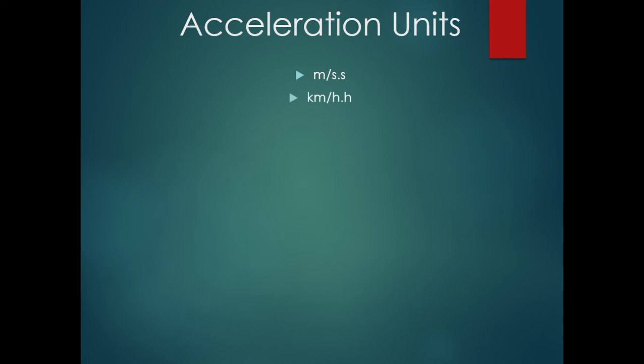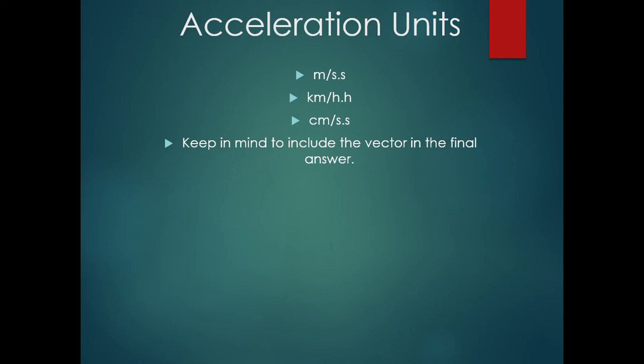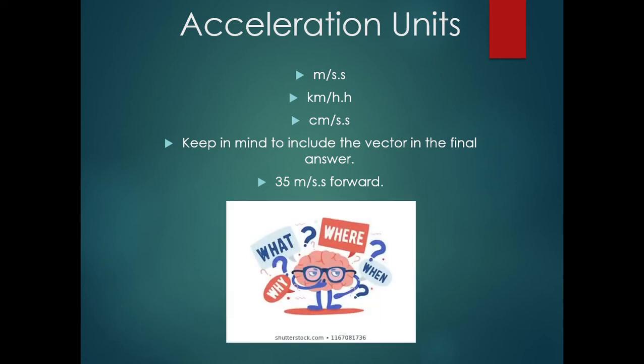We have kilometers per hour squared, centimeters per second squared, and keep in mind to include the vector in the final answer. Just like I mentioned before, we have 35 meters per second squared forward. It's very important to have all of this in mind so you don't mistake all of the concepts that we have studied, including speed, acceleration, velocity, etc.